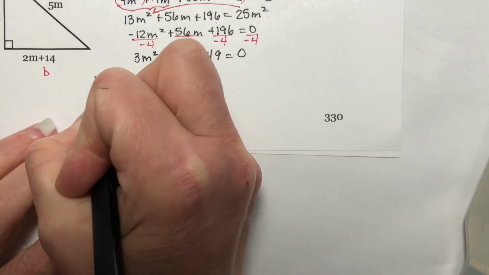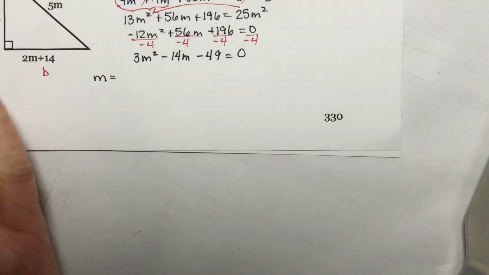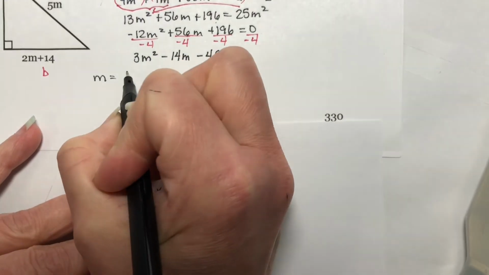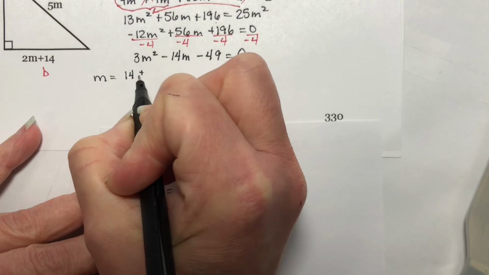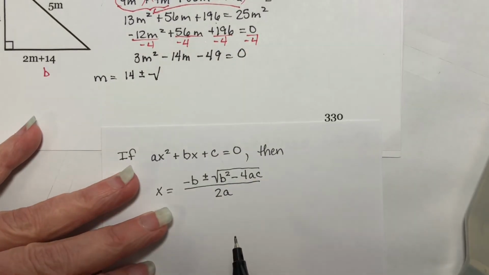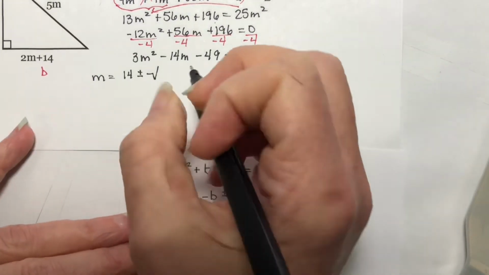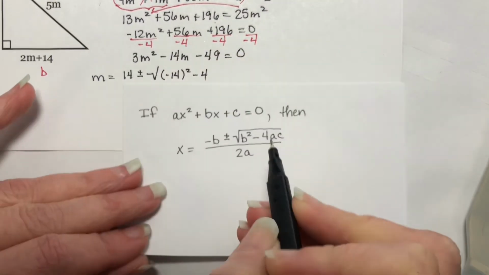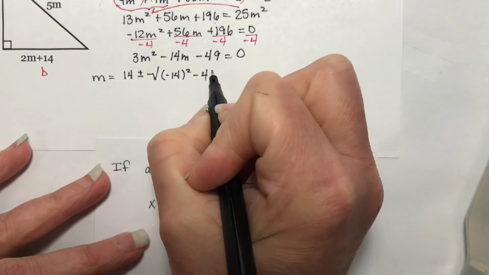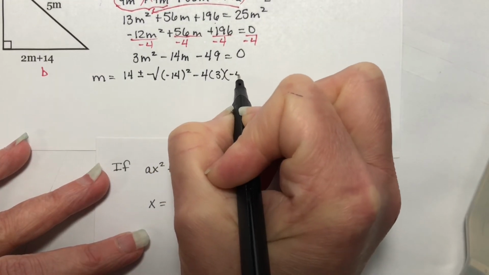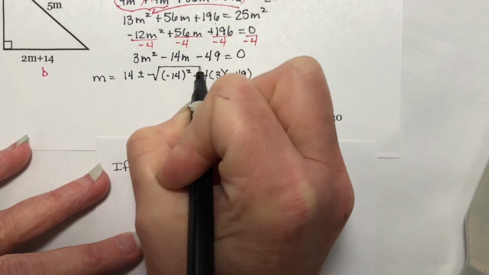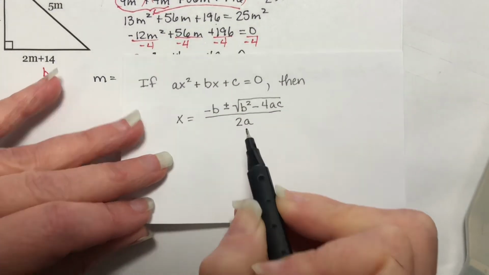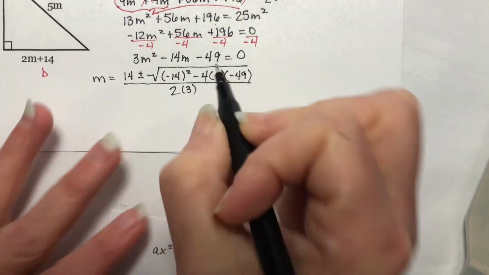Okay. So, m equals -b. My b is going to be -14, so this is positive 14, plus or minus the square root of b squared, so -14 squared, minus 4 times a times c, so this is times 3 times -49. And this is all over 2a, so 2 times 3.